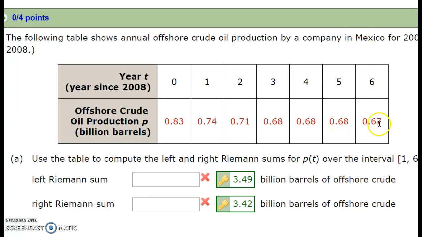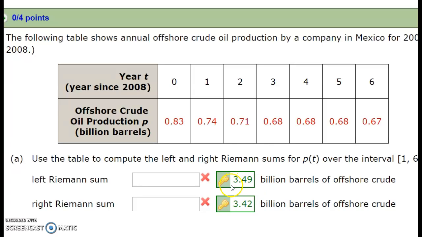I ignore this final right side. So I basically add up the 8.3 and the 0.83, 0.74, 0.71, 0.68, 0.68, 0.68. Add those up, and those intervals are just 1 each, so I just multiply by 1. I should get a number like this, about 3.49.